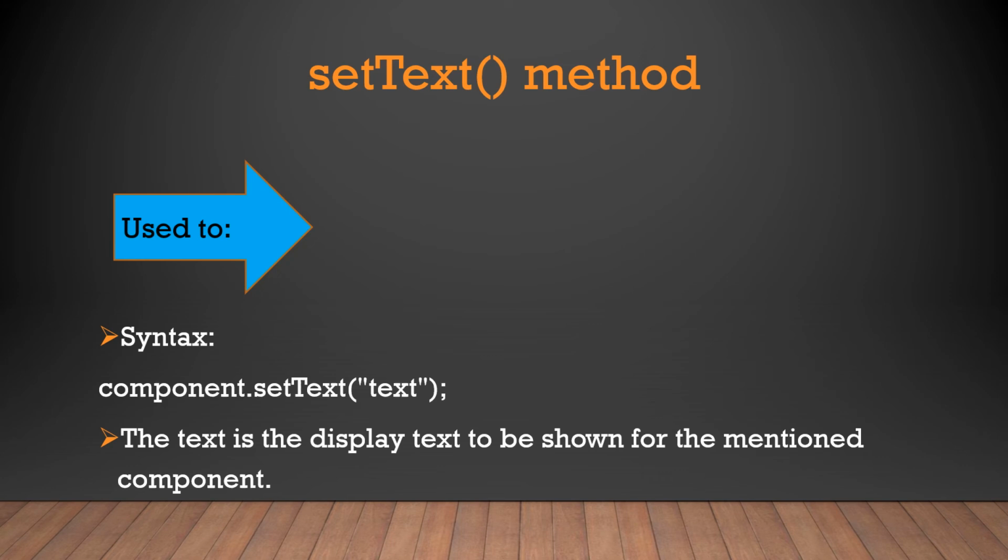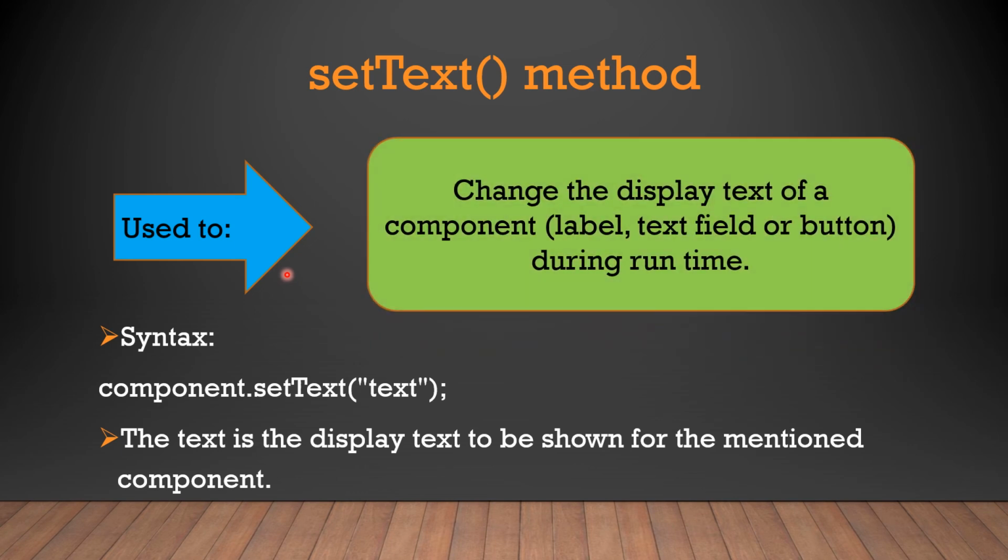Now, let us discuss the setText method. We have already discussed this method in detail in our beginning videos when we had just started Java. Let us revise it again. Why is it used? It is used to change the display text of a component during runtime. That means when we run the application, the display text of the component is changed, and for this we have to use the setText method.